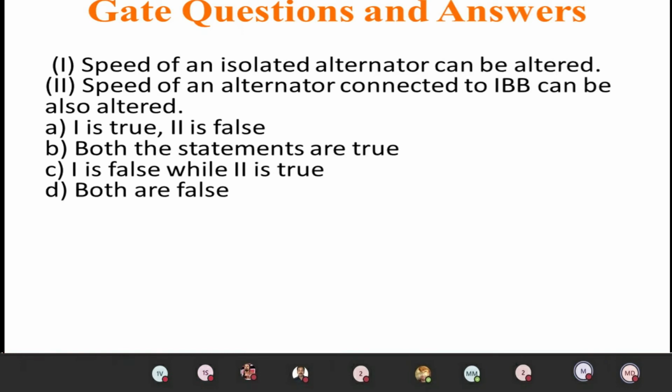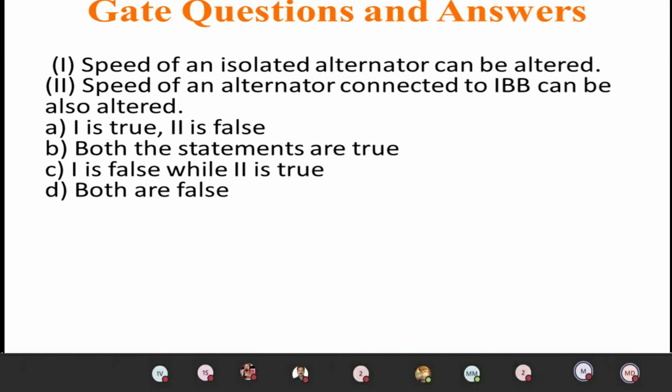Let me see the next question. The speed of an isolated alternator can be altered. The word you must notice is isolated alternator. That means it runs the load isolatedly, not connected to an infinite bus bar.